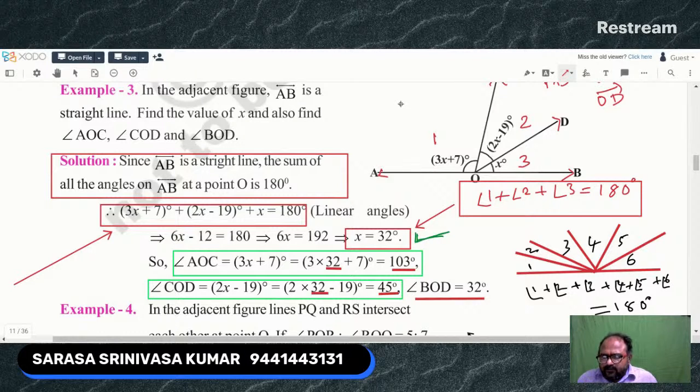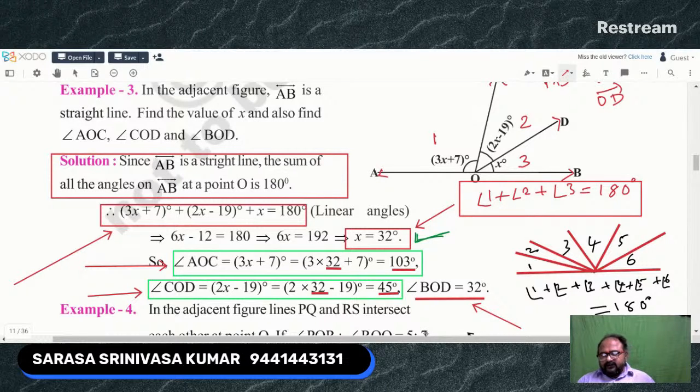So from that you can get x. After finding this x, we have calculated angle 1 equal to 103 degrees, angle 2 equal to 45 degrees, and angle 3 equal to 32 degrees.